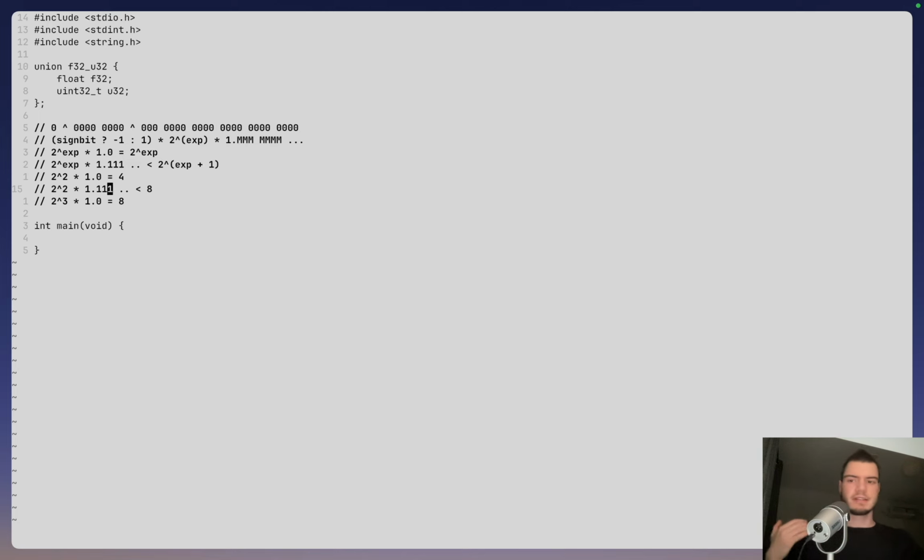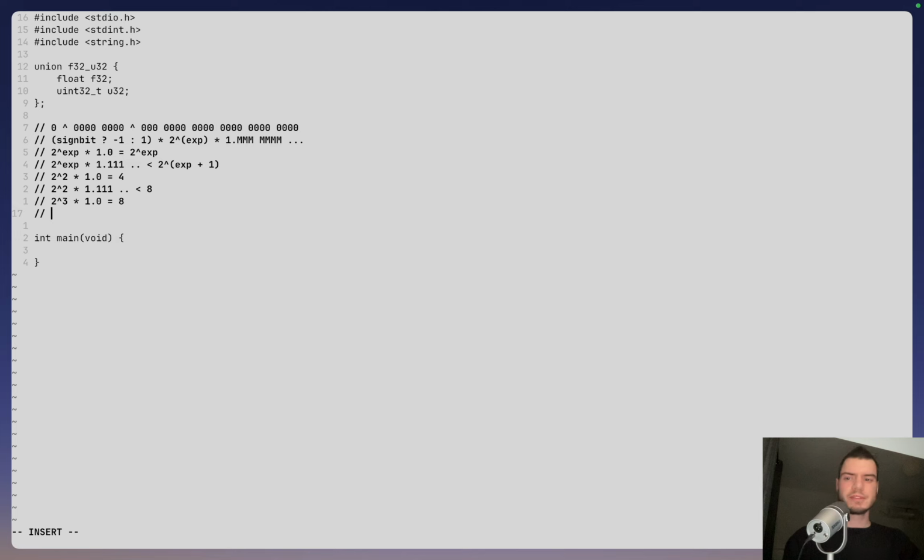And if our mantissa bits are some mix of zeros and ones, we get some value between 4 and, again, not actually 8, but close to 8. The last representable value before 8.